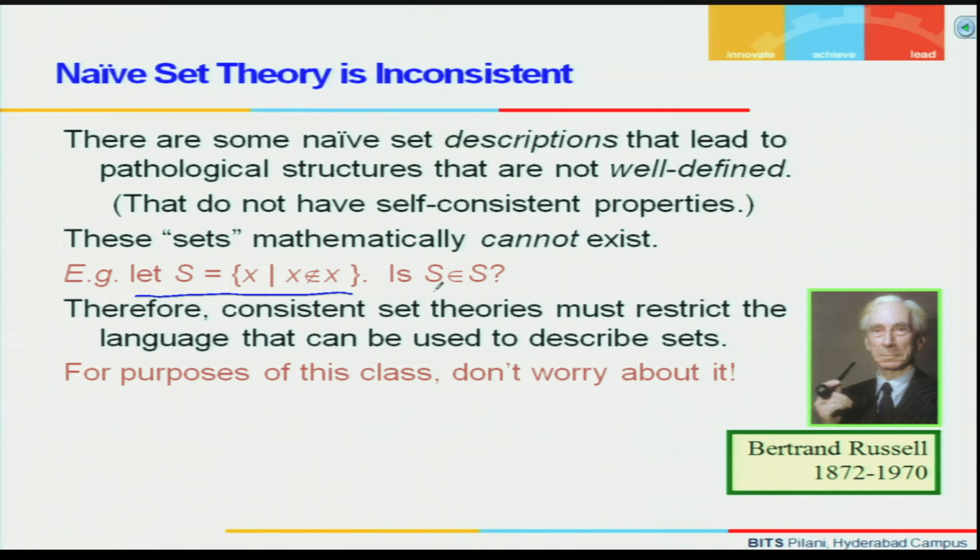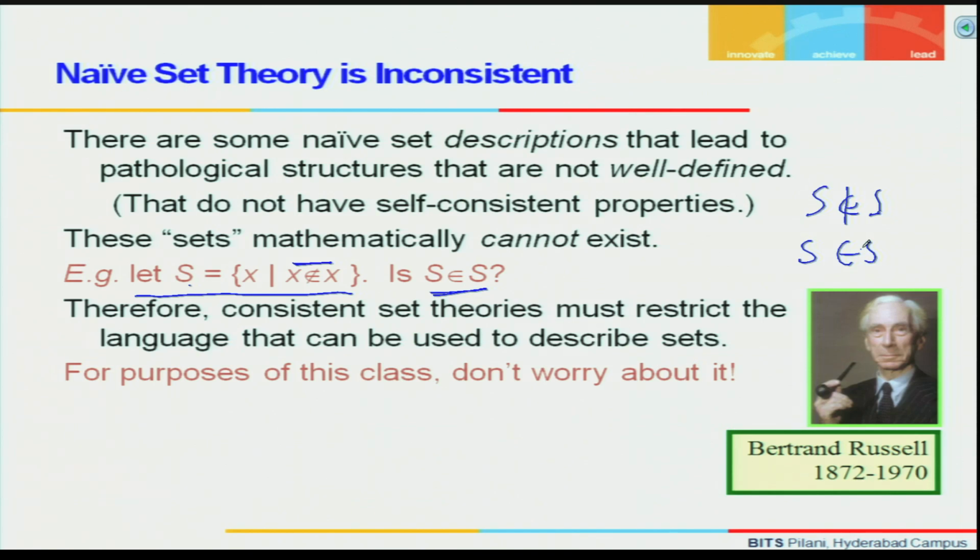Now, look at this particular proposition, S belongs to S. If you say S belongs to S, yes, the element S is going to be in S. But because it is there in S, you get that S does not belong to S. And if you take S does not belong to S, then S belongs to S, because S does not belong to S means S satisfies the condition, so S belongs to S. This is the inconsistency that we have been talking about. You really can't say the truth value of this. You can argue in both ways.